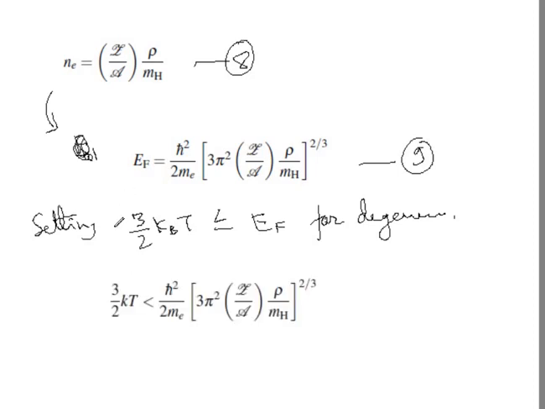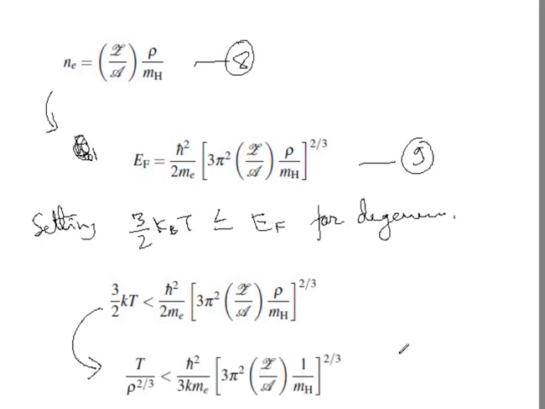And if you work this out further, then you get this relation here. This is very important. So this is equation 10 and this is equation 11. Here you see the average value of Z by A is also present. For typical elements above hydrogen, this value is approximately 0.5.